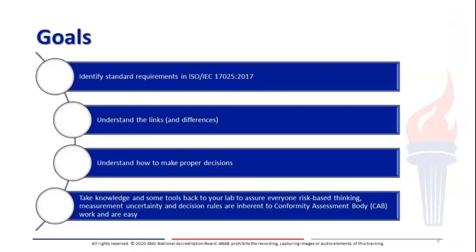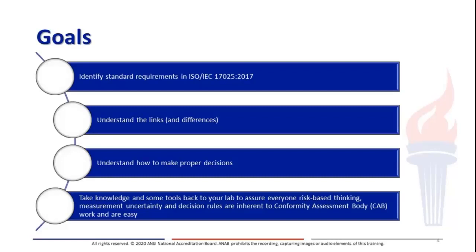Some goals that we want to get through over the next hour for the webinar is to understand some of the areas of 17025:2017 as it relates to the measurement decision rules. With that, we have to understand the links between the measurement decision rules, uncertainty, statements of conformance, and risk. So we'll talk about that in a little bit of detail.